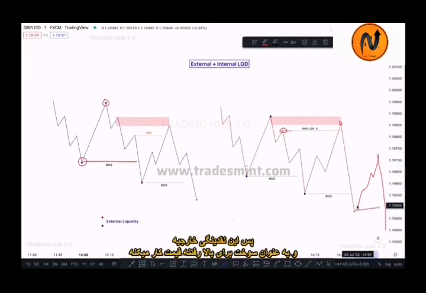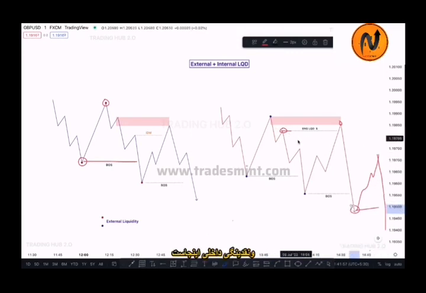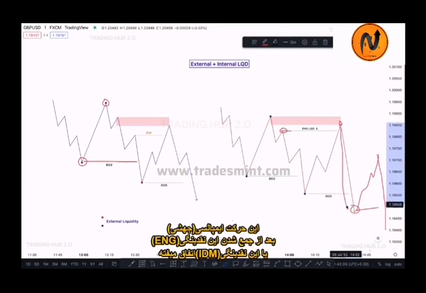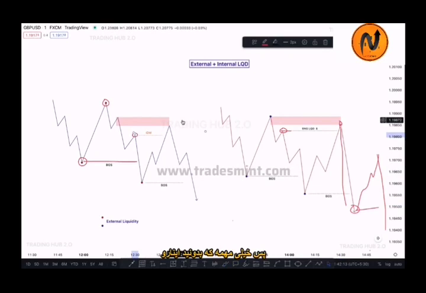So external liquidity works as fuel for the market to go higher, and internal liquidity is here. After taking out the internal liquidity, the main move happens here as an impulsive move, after taking out the engineering liquidity, after taking out the inducement, correct? This is very important, you have to understand.